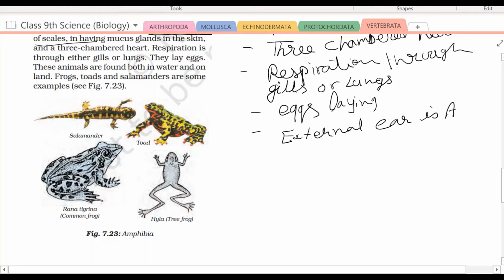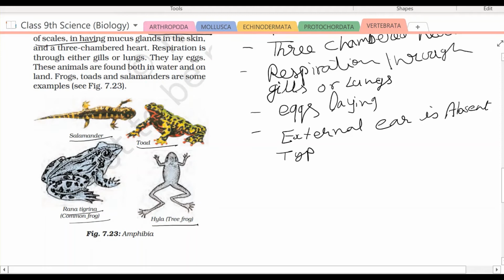External ear absent and tympanum covers the middle ear. Clear? This is the characteristic feature. The examples: Hyla, tree frog, toad, salamander, or Rana tigrina. It is the zoological name of common frog. Rana tigrina.